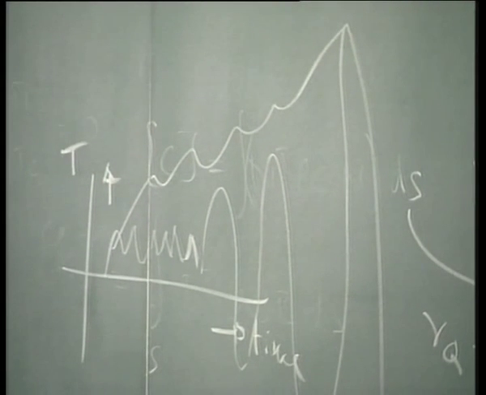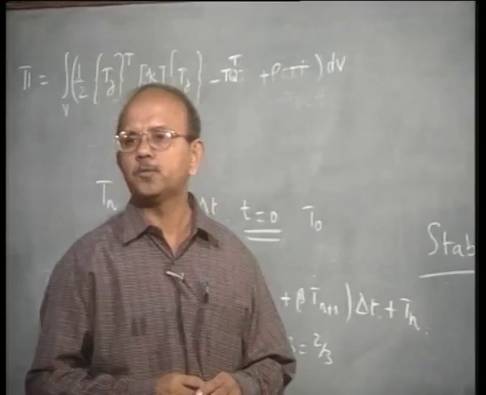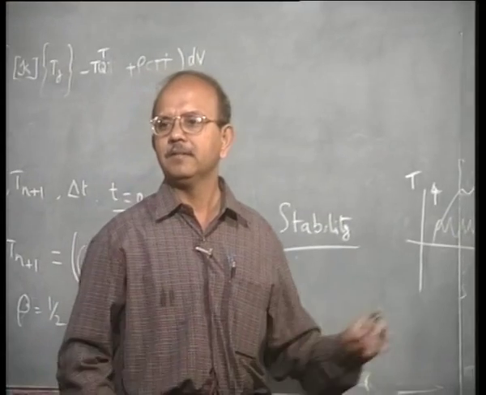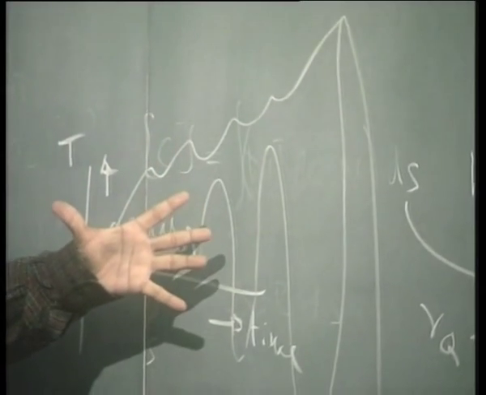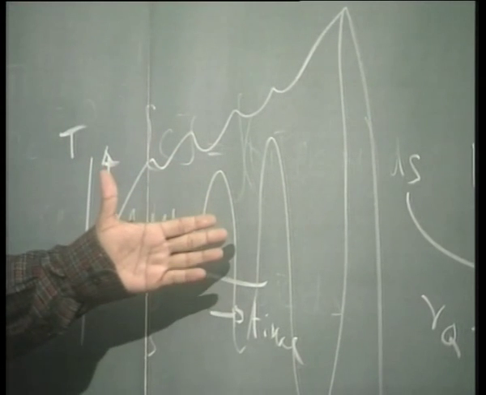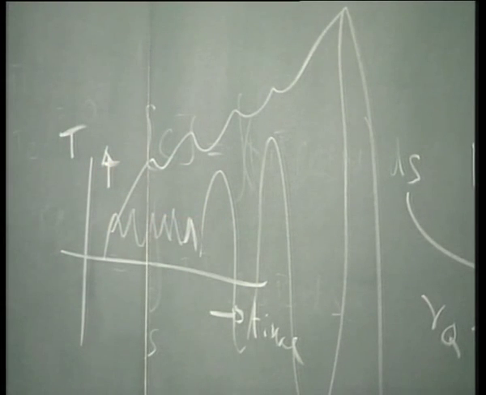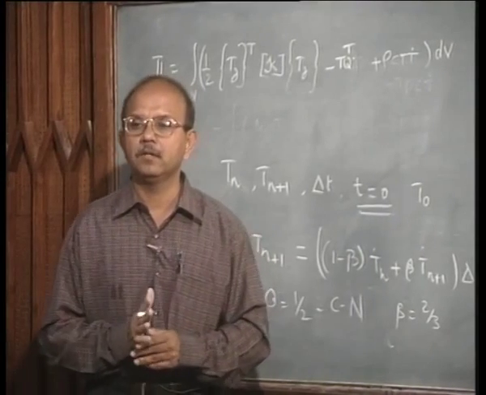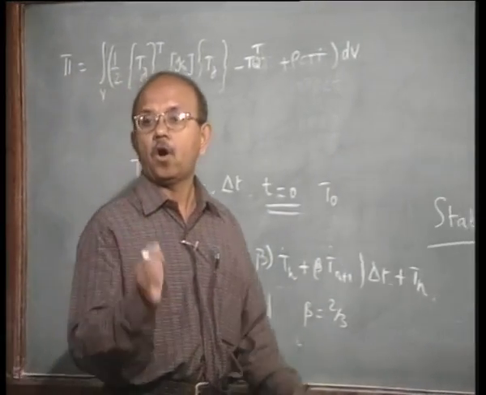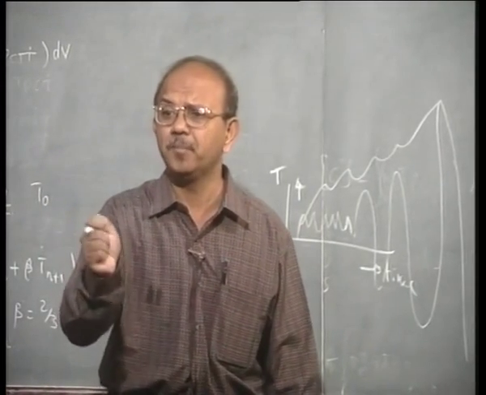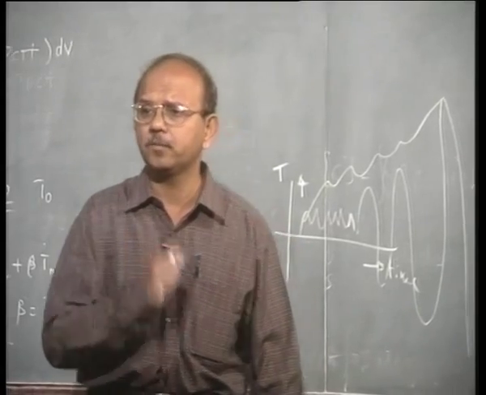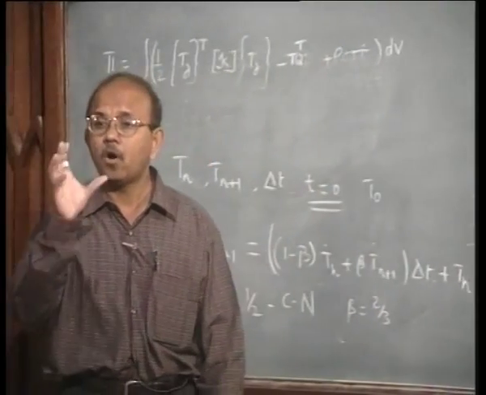Suppose I take one point in the domain of interest and start following this point with respect to time, and the solution becomes unbounded. We say at this point that the solution is not stable. Please note that oscillations are different from unbounded oscillations, from stability. The solution may oscillate.